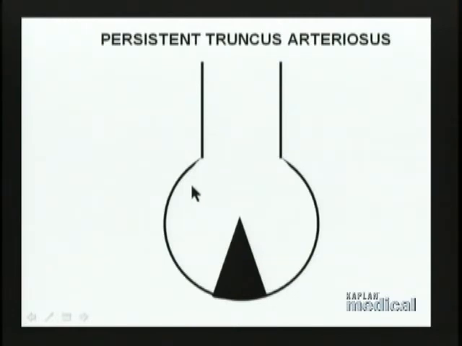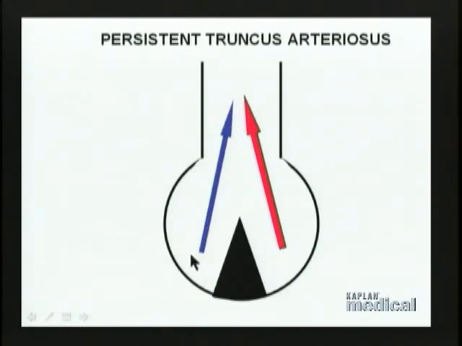And therefore, blood from both ventricles will flow into this common outflow pathway, will mix, and therefore you will have deoxygenated blood getting into the systemic circulation, just as you'll have oxygenated blood getting into the pulmonary circuit. So you'll get a mixture of blood going into both circuits when this trunk eventually divides further distally. Okay? So that clearly will also be a cyanotic defect.